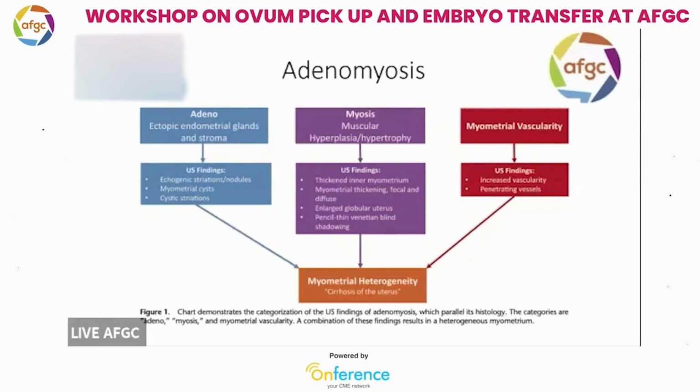If the lady is young and there are no other associated factors and the adenomyosis is not stage 3 or stage 4, the staging of adenomyoma is done based on the number of cysts, the volume of the uterus and the endomyometrial junction. The confirmation of adenomyosis is sometimes done on an MRI.